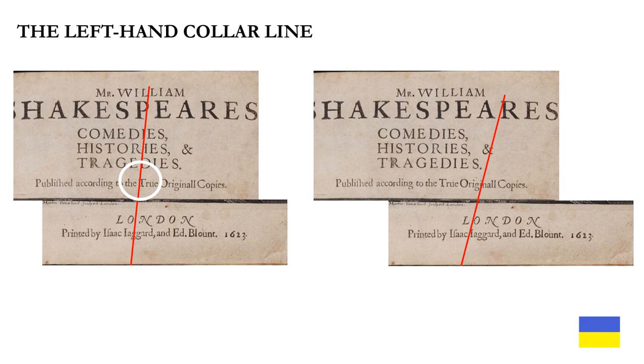Clips the T in true. Goes alongside the first O in London. And most importantly, it goes directly through the first G in jagged. I believe that is an allusion to God's hand in the creation of the first folio and the plays.